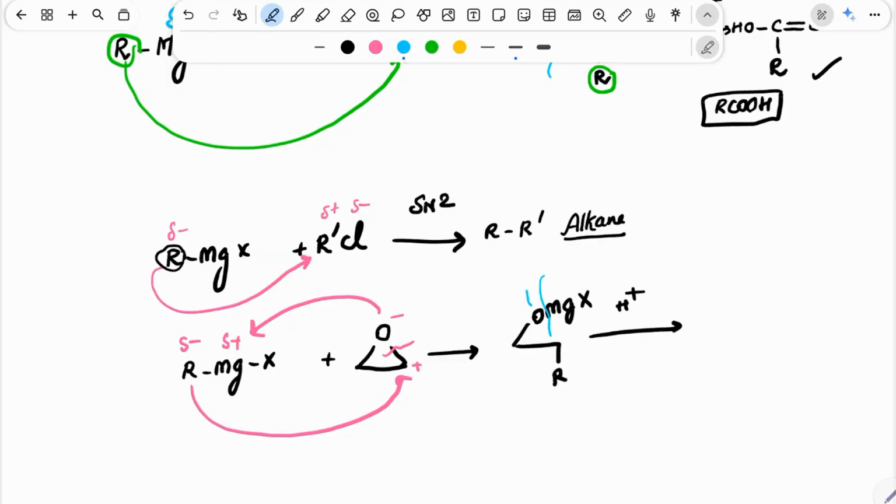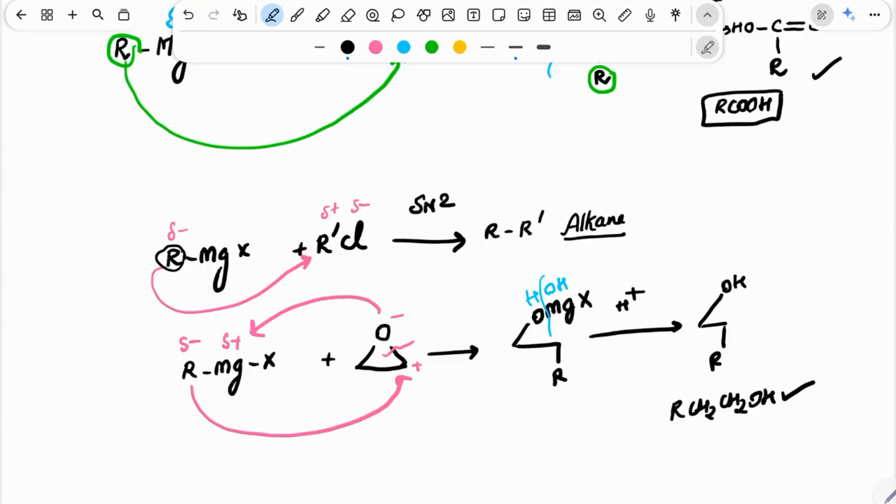This R from Grignard reagent and here it is OMgX. Next, on hydrolysis, what happened? OH, right? So we can write it as R CH2 OH. Nothing but RCH2OH. We can prepare alcohol also. So there are a lot of preparations involving this Grignard reagent, right?